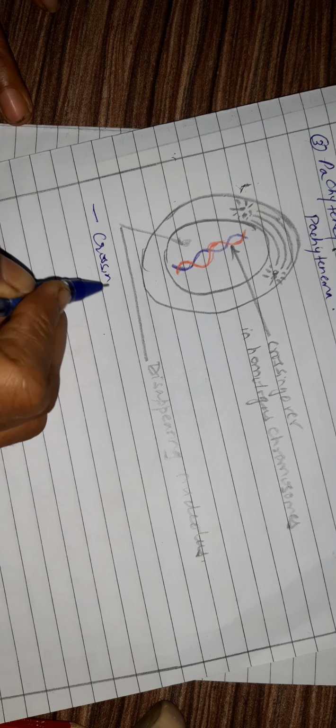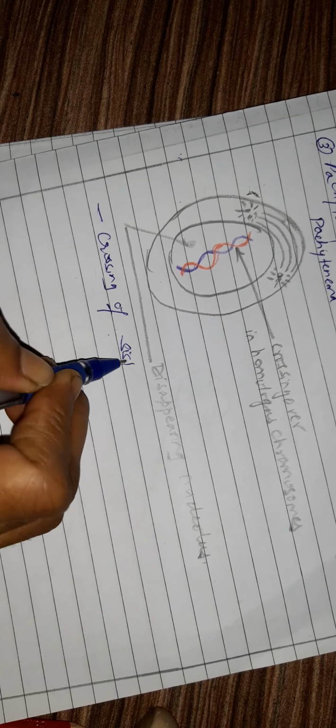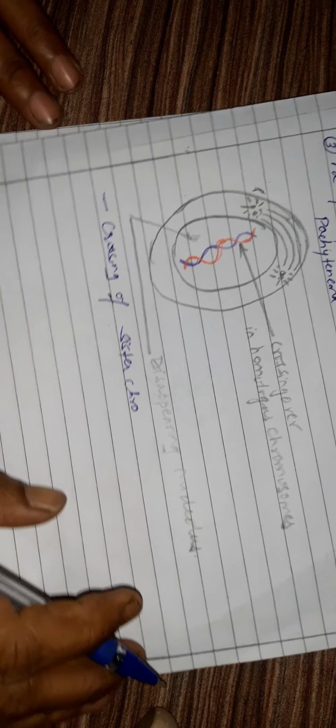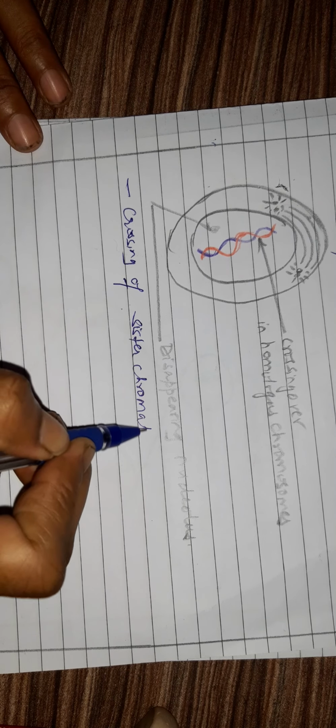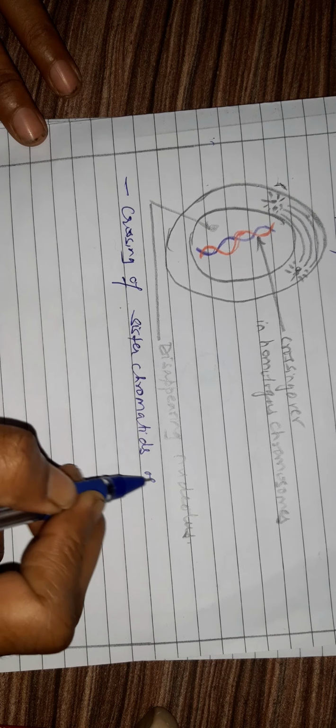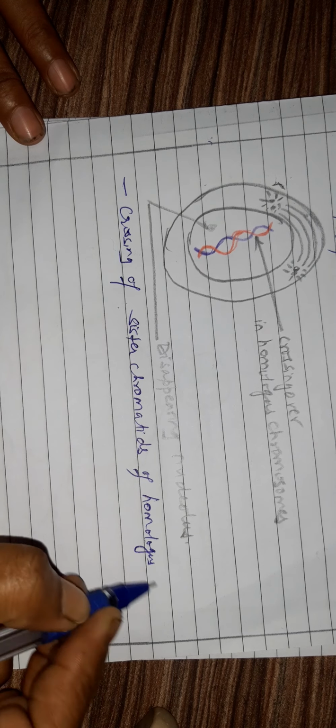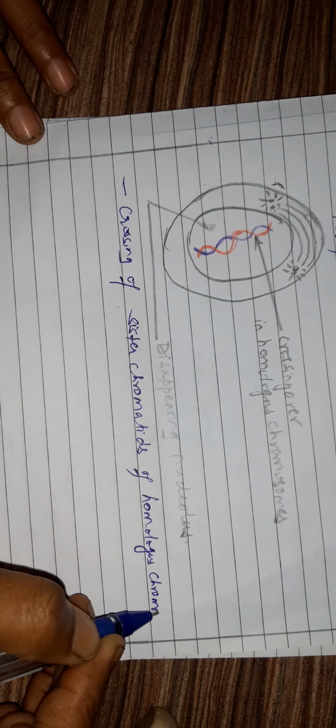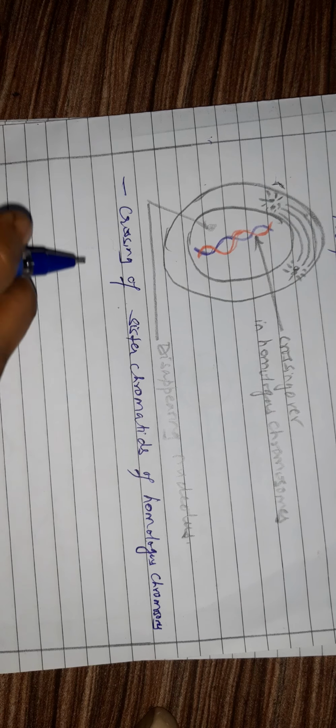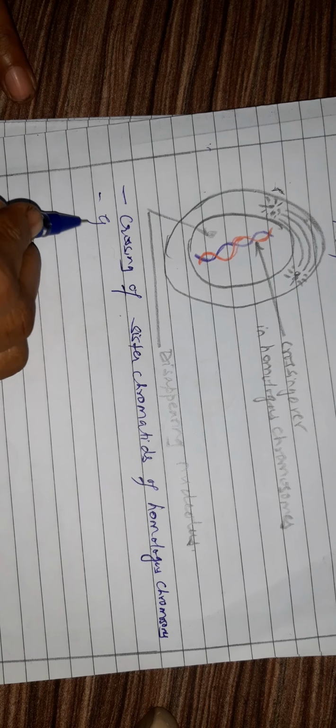Crossing over of sister chromatids of homologous chromosomes, then genetic recombination.